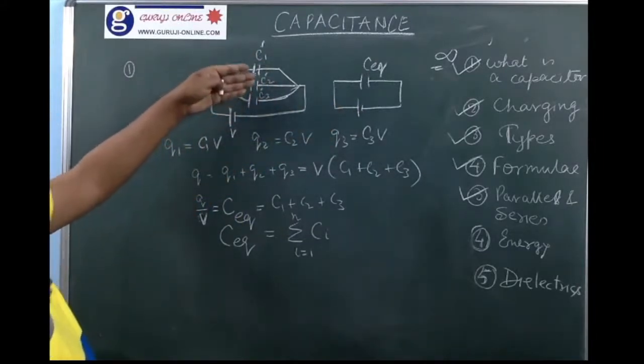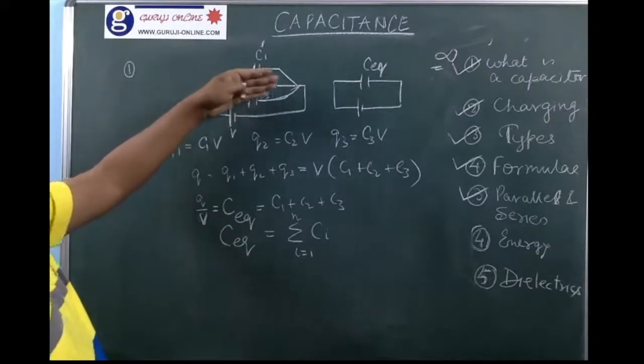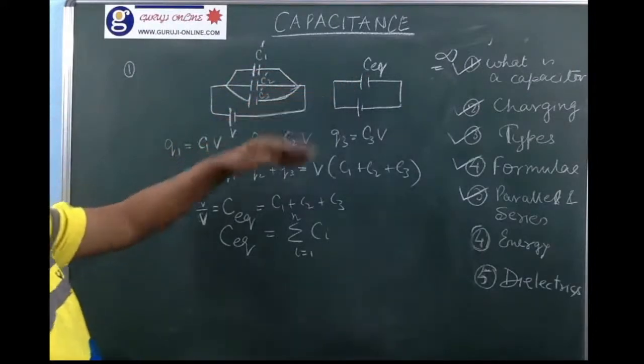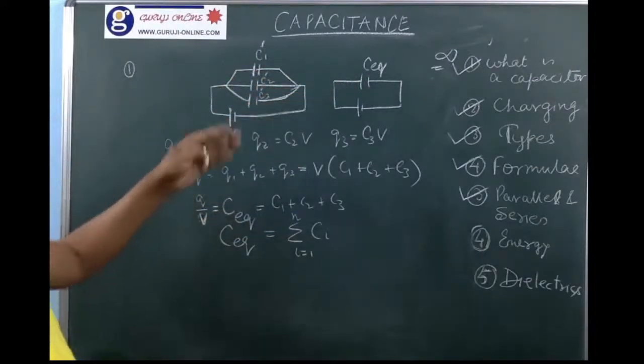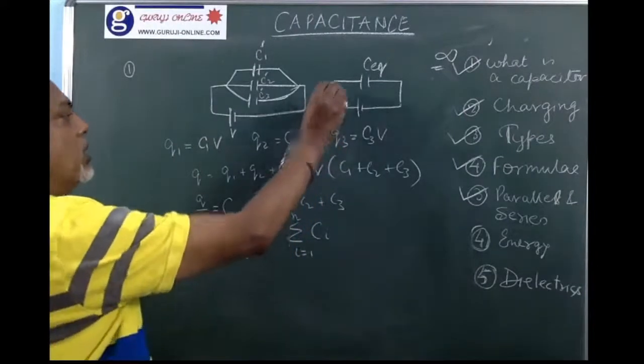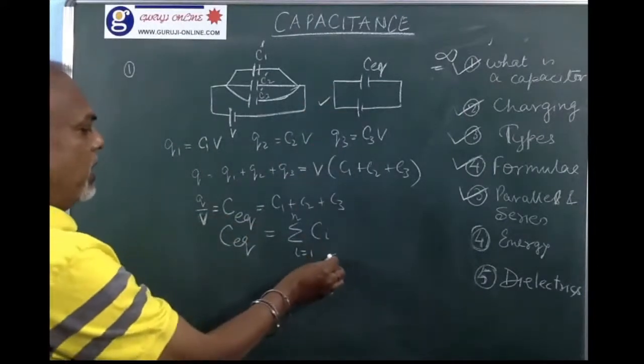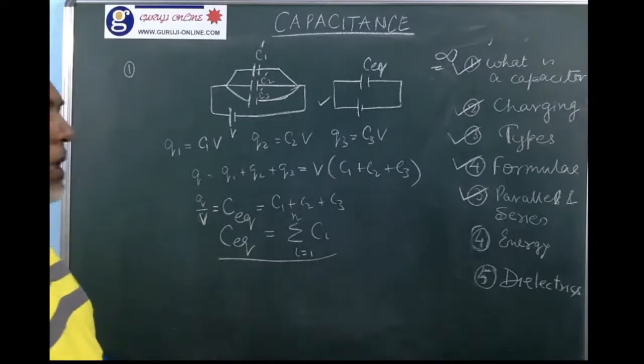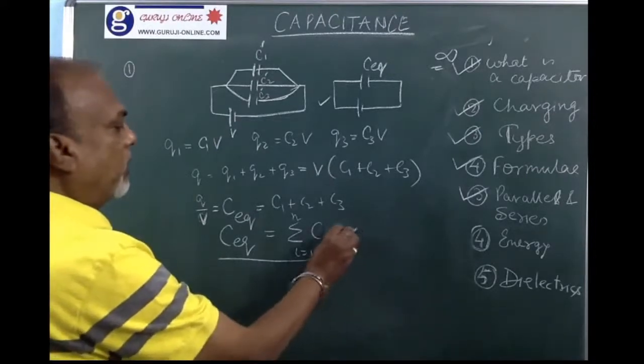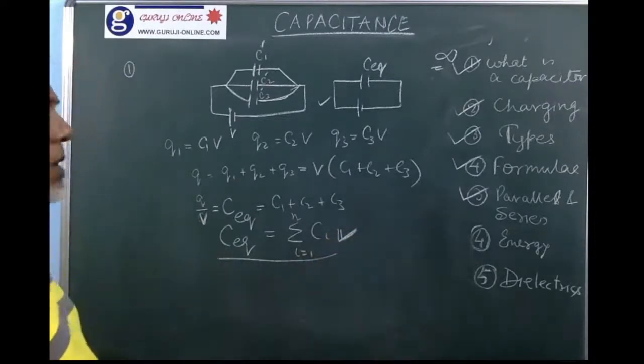Instead of having all these different capacitors, you can have this. It will give you the total charge. So when they are connected in parallel, this is the formula. You can calculate the C equivalent, means the equivalent capacitance of all three capacitors.